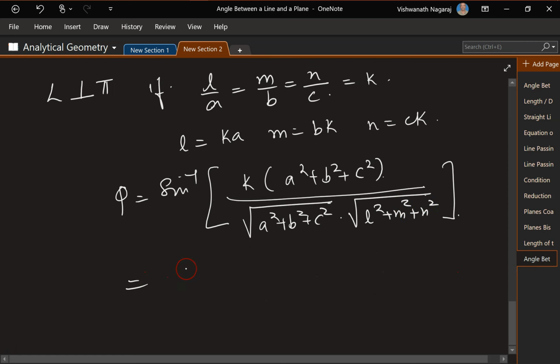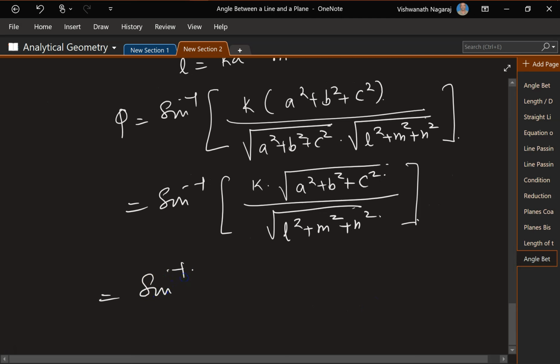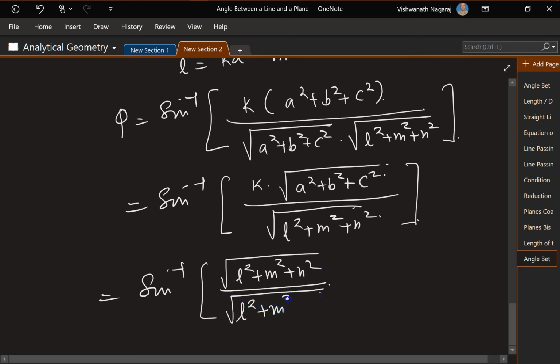If we do some cancellations, we cancel the square root of a square plus b square plus c square in the denominator, in the numerator we will be left with square root of a square plus b square plus c square, and in the denominator square root of l square plus m square plus n square. Now sine inverse of square root of a square plus b square plus c square divided by square root of l square plus m square plus n square.